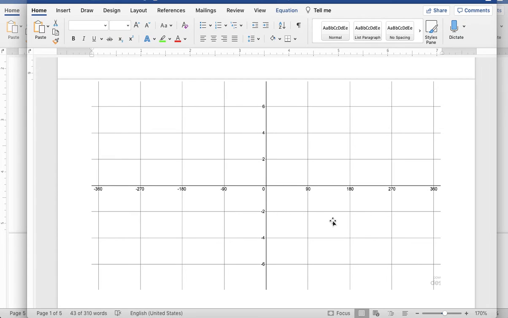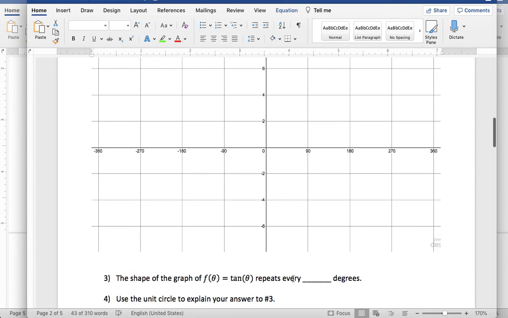All right, now you should have the graph for tangent of theta from 0 degrees to 360 degrees on the right side here. I want you to use that to help you answer question 3. So looking at your shape, the graph repeats every how many degrees?